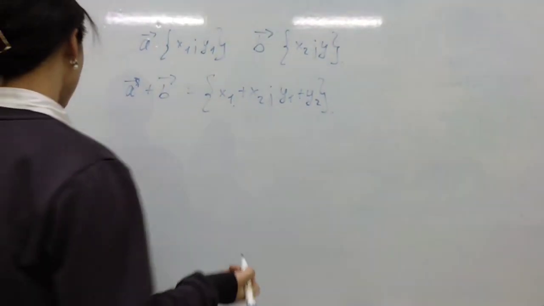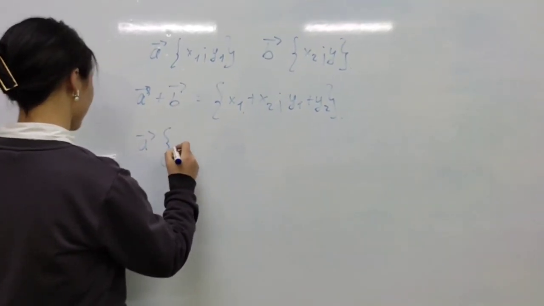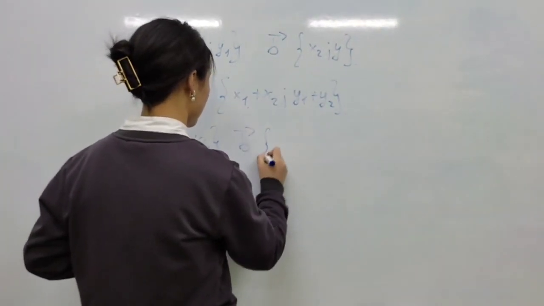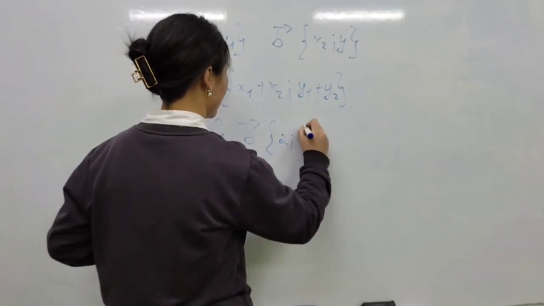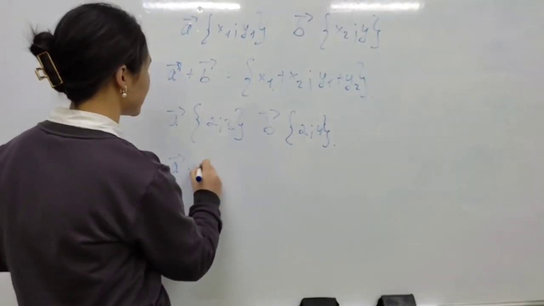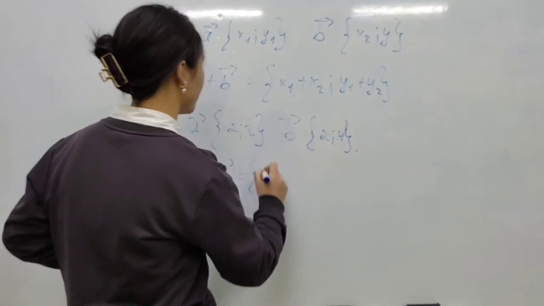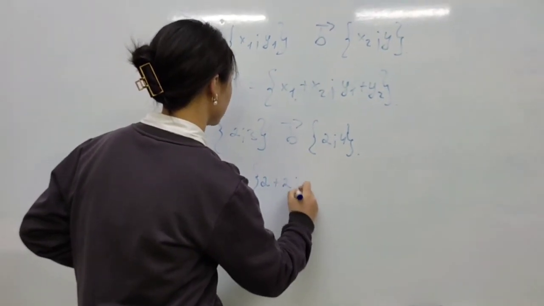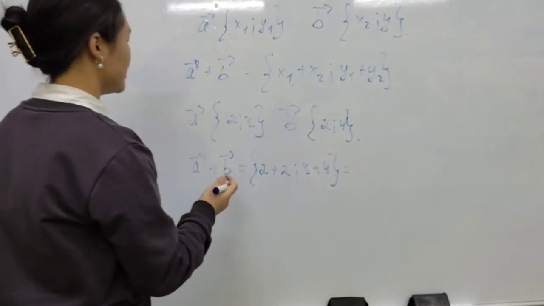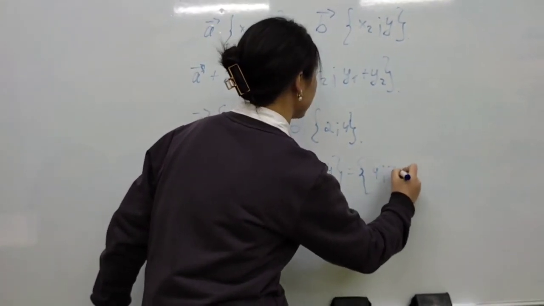Okay. For example, given vector A is (2, 3) and vector B is (2, 4), we can find vector A plus vector B as (2 plus 2, 3 plus 4). The answer is (4, 7).